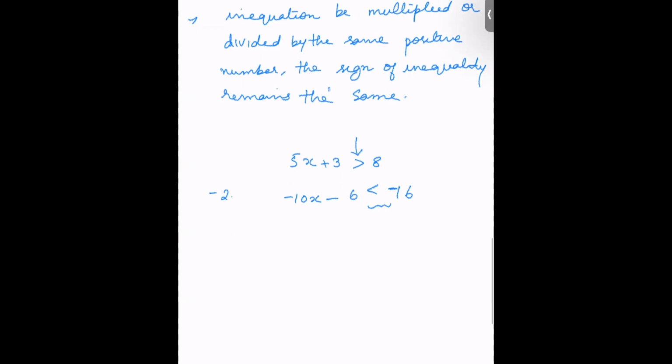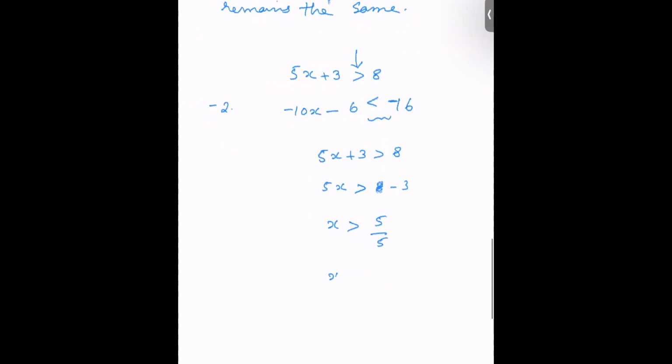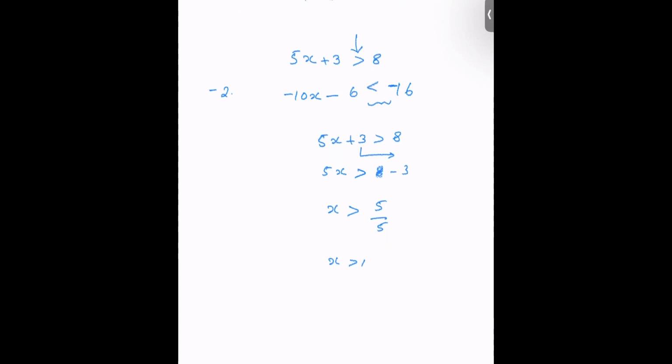For example, I have 5x plus 3 is greater than 8, so 5x would be 8 minus 3, which is 5. Then x would be 5 by 5, right? So x is greater than 1. X greater than 1 means I can take any value above 1 for x.